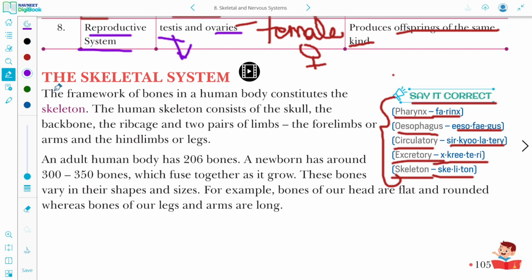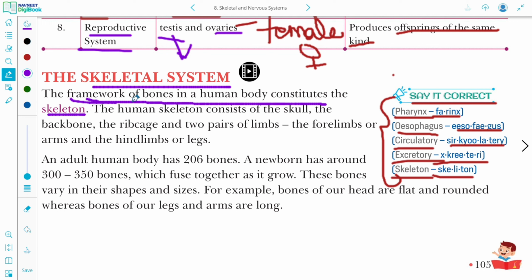Bachcho, we'll study about the skeletal system. Skeletal system is the framework of bones in the human body that constitutes the skeleton. Okay? What does framework mean, bachche? The basic structure of something that gives it shape and strength.